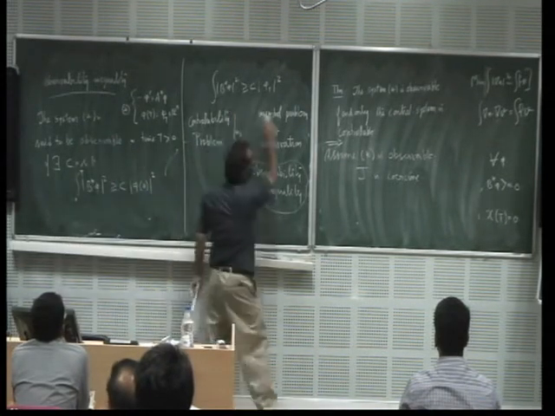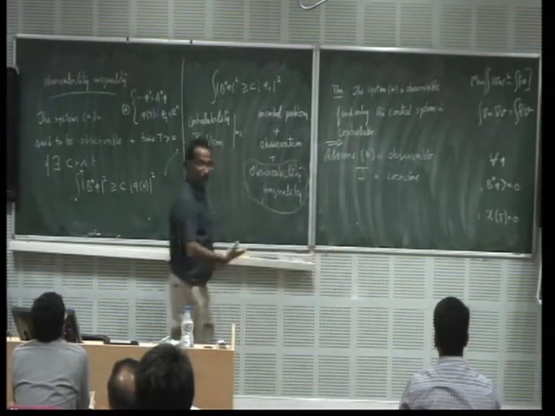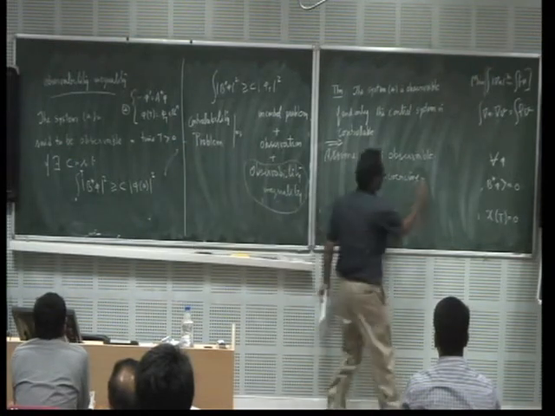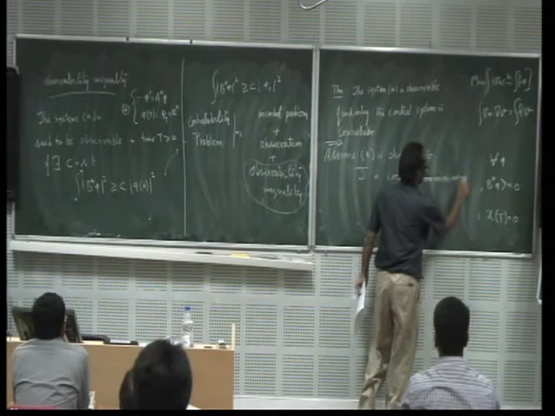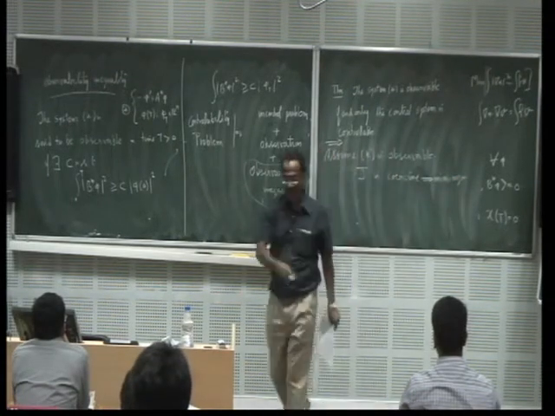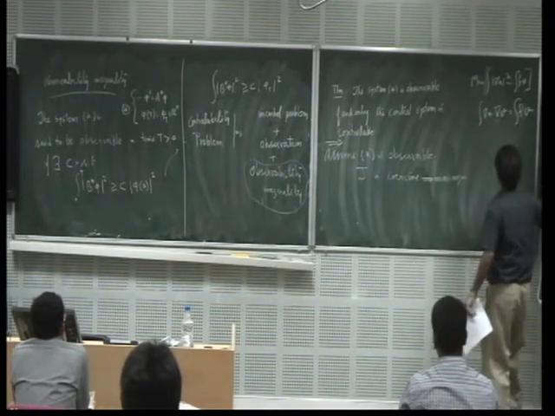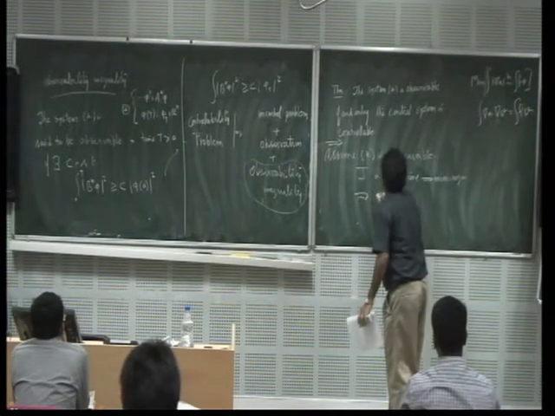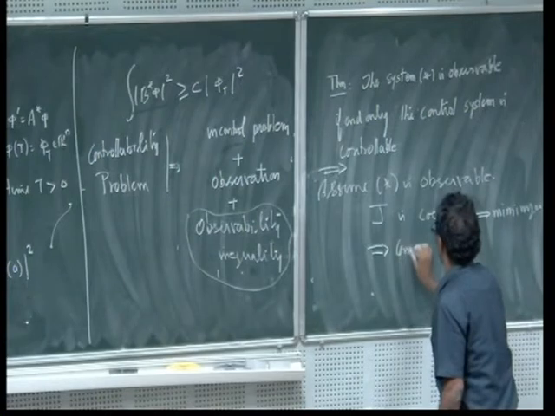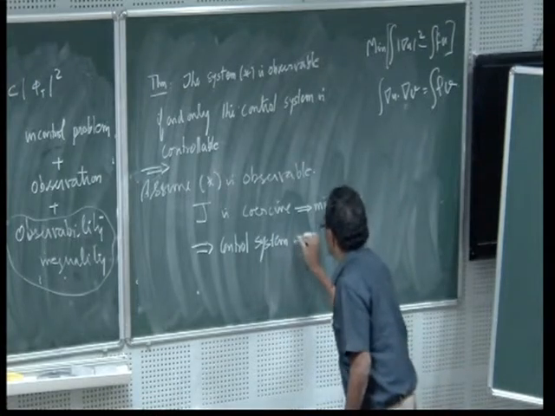That's what the term is appearing in the J. Once you have the J, you already have the continuity and convexity, and this gives a minimizer. And we have already seen that once it has a minimizer, the system is controllable. That's the first step we have seen. So that implies the control system is controllable. This we already proved.